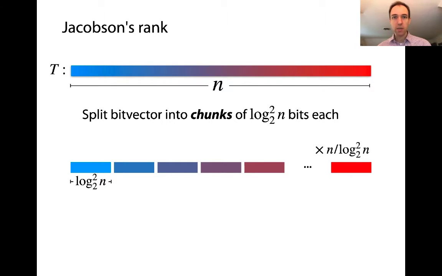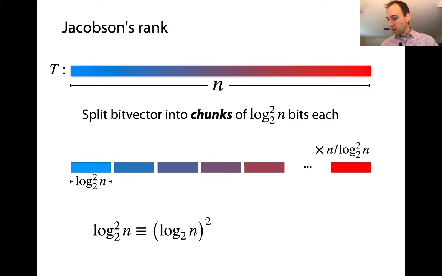Log base 2 of n quantity squared, which we can write this way. And so how many of these are there? Well, it's just n divided by that, right? It's n divided by how many bits there are per chunk. Let's just assume that n is a multiple of log base 2 squared of n, so that this divides evenly.